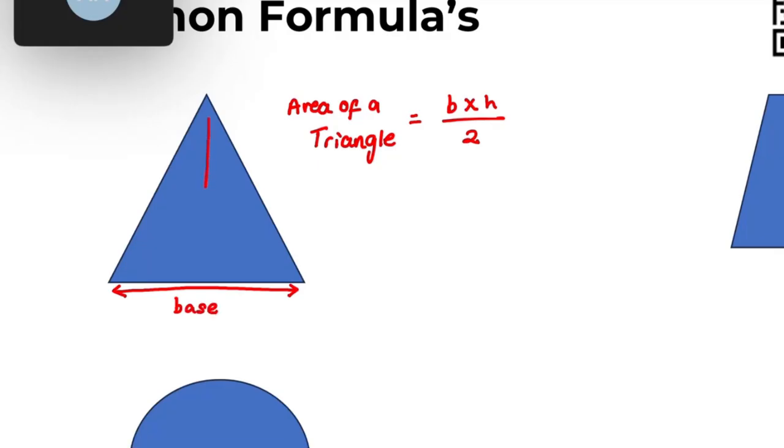The height is the vertical line. Okay, so this is the height. This is not the height. The slanted line is not the height. The height is literally the vertical line of the triangle. So it's going to be base times height divided by 2. The height has to be the vertical line.